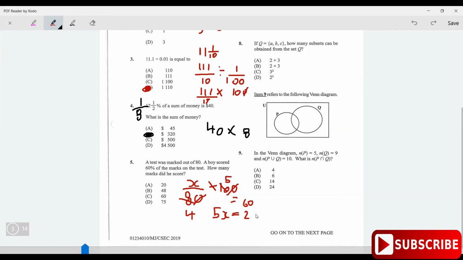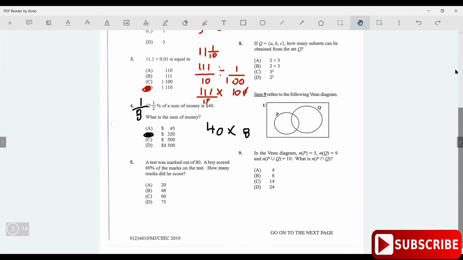And then we divide both sides by 5. 240 over 5 is 48. That's what he got, 48. Easy. Next question.